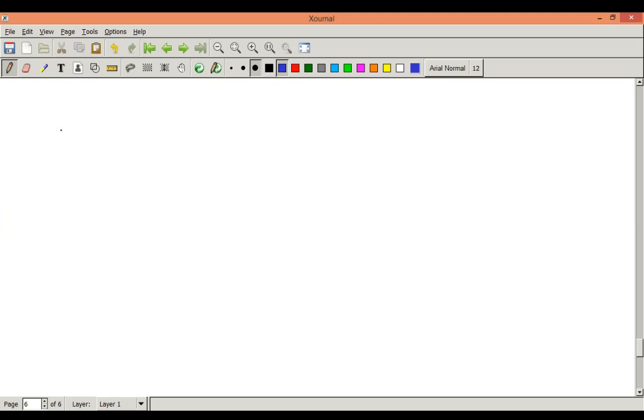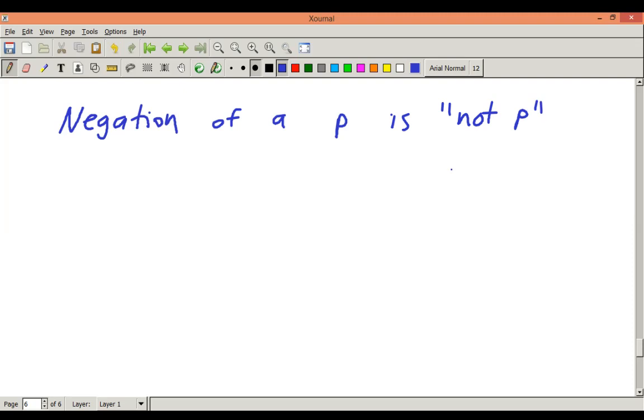Okay, so let's talk about negation. The negation of a statement P is, quote unquote, not P. Sometimes you write that in symbolism with a little wavy line in front. So that means not P in the symbolism of logic. So here's something that might be fairly obvious.